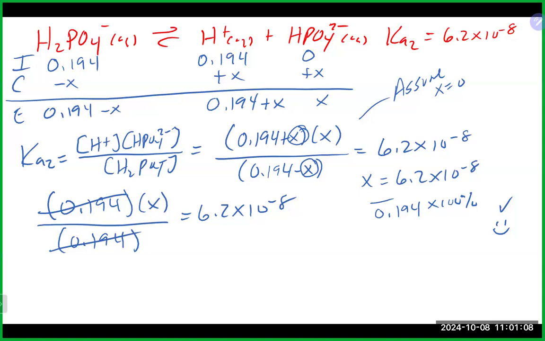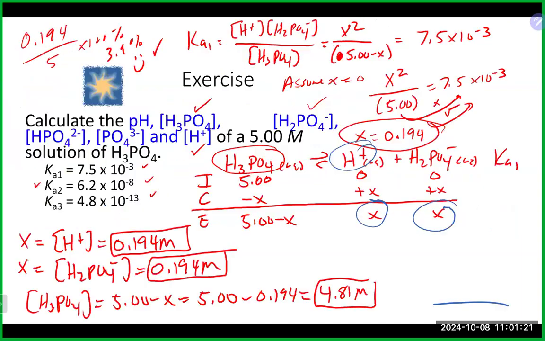At this point, this will give us another piece of information that we're looking for, which is the concentration of our HPO4 minus. If we add it to our list here, our HPO4 minus concentration will be 6.2 times 10 to the minus 8 molar.